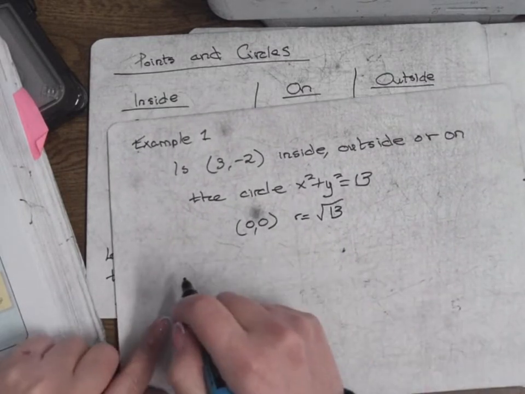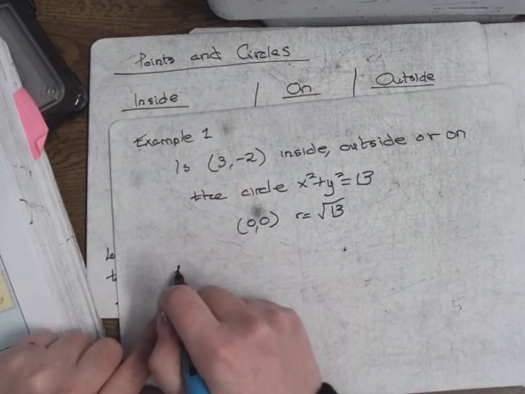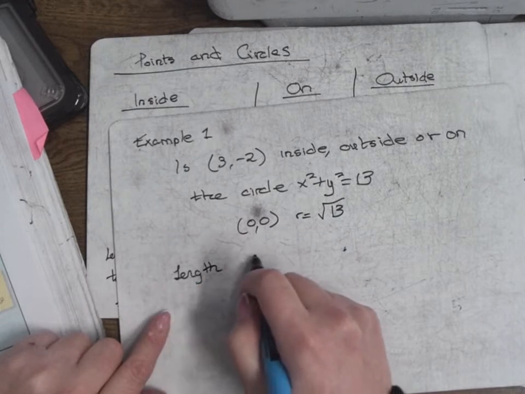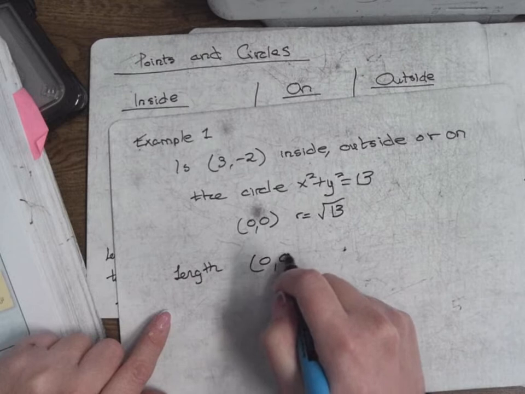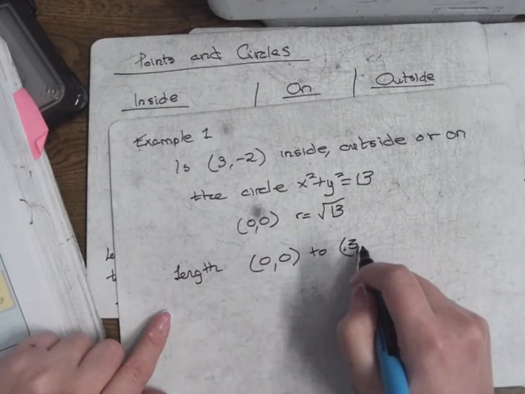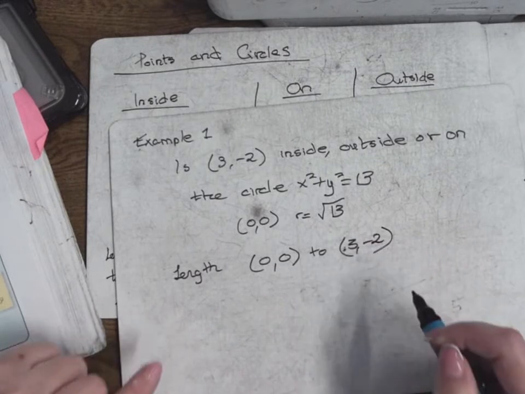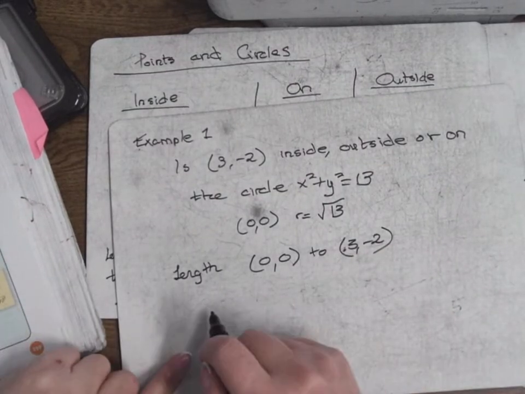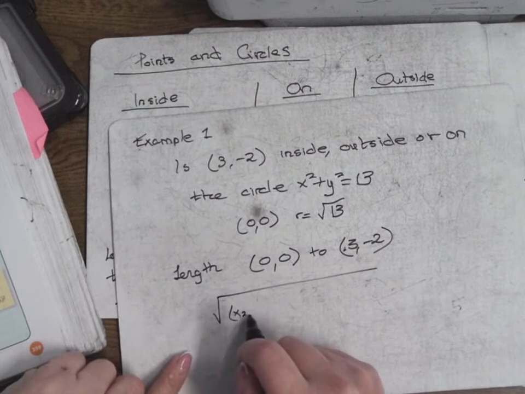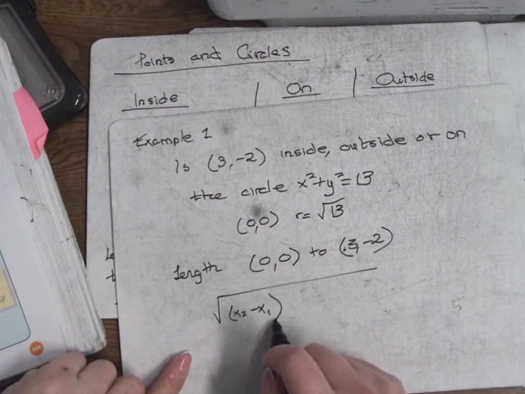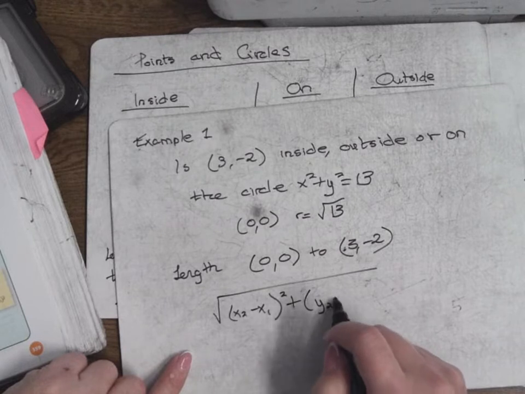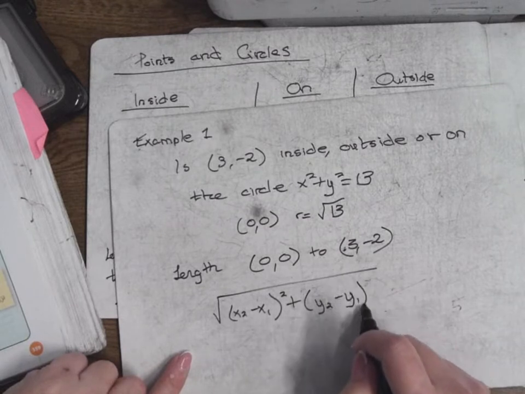Now we're going to get the length of the line from 0, 0 to 3, minus 2. So you need your distance formula, which is x2 minus x1 all squared plus y2 minus y1 all squared.